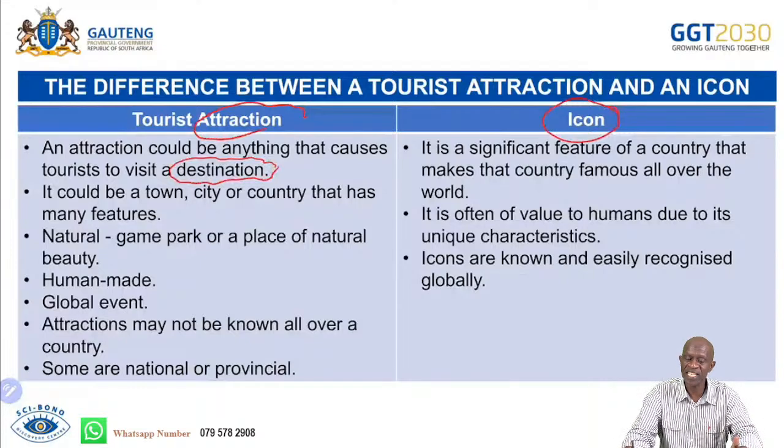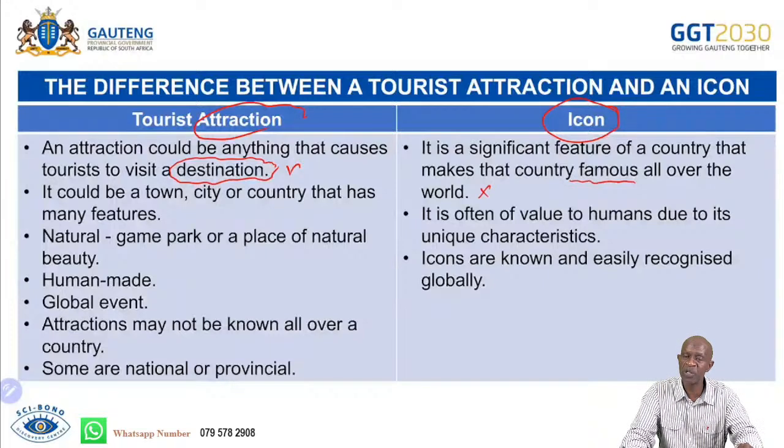Now, by definition, let us compare the first definition with the definition of what an icon is. Unlike an attraction, an icon is a significant feature. The word significant suggests it is an important feature of a country that makes that country famous, that makes that country well known all over the world.